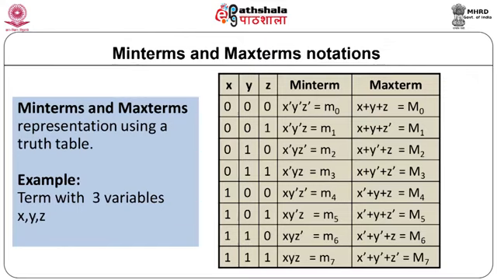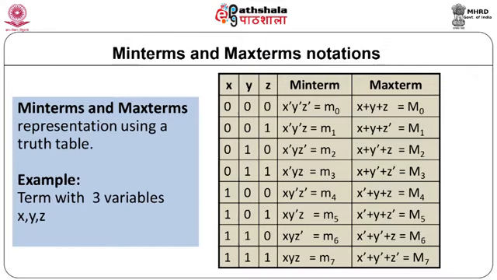The same term can be represented as a max term as well, which is x OR y OR z, represented by capital M subscript 0. Similarly, one can represent all the binary inputs for x, y, z, that is a total of 8 terms, and we can correspondingly write the min term and max term representation for all possible inputs, which are clearly indicated in the table.